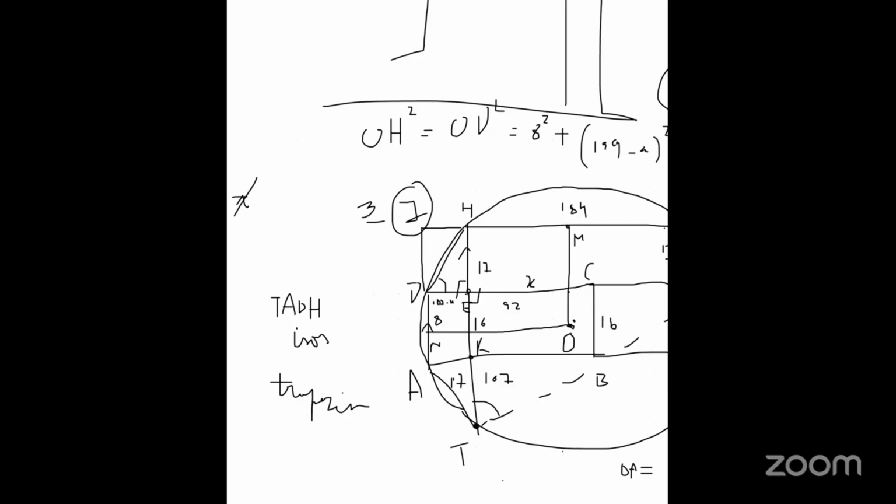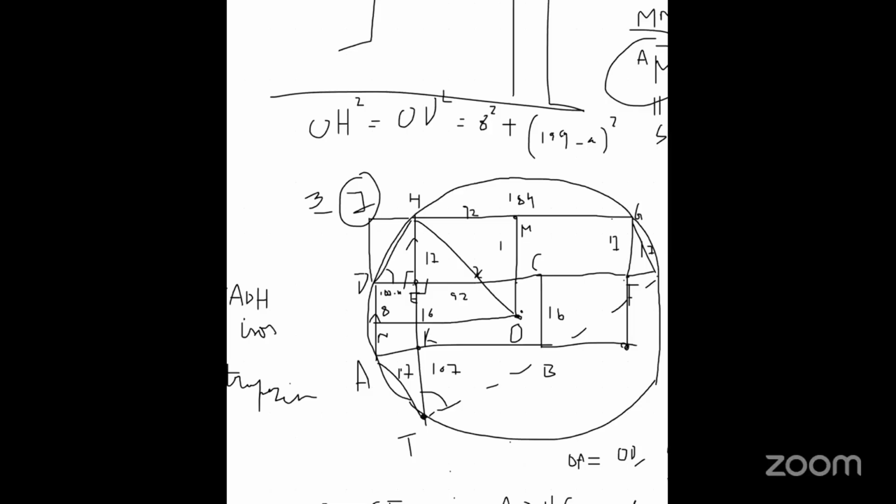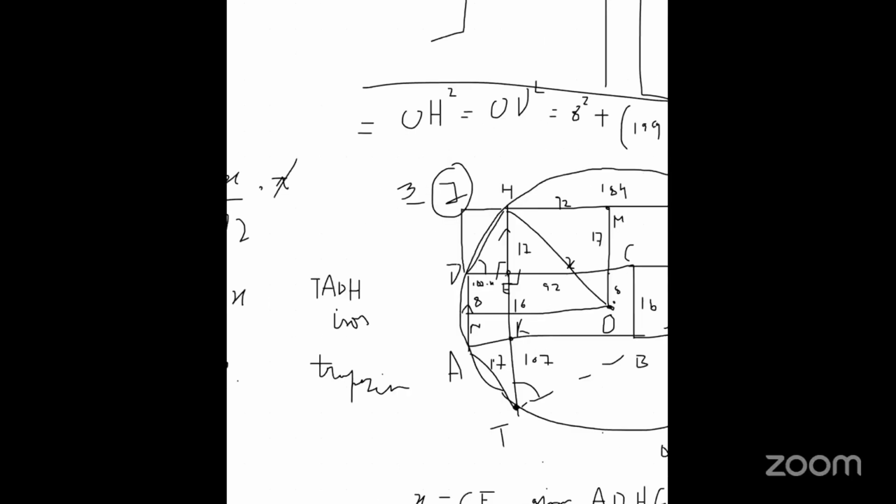This is 92 again, and this one is all of this length, which is 17, plus half of this length, which is 8. So this is 25. So this is 25 squared plus 92 squared.